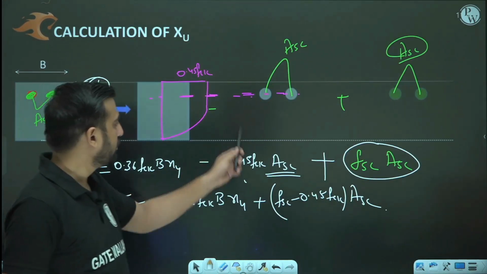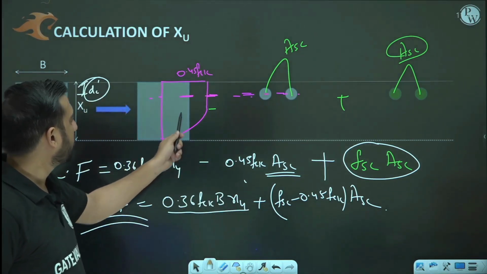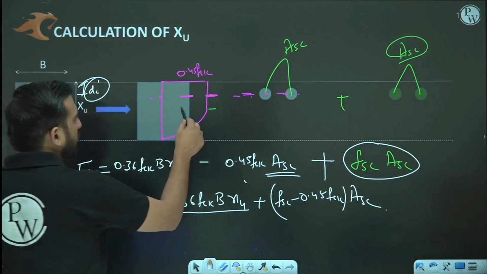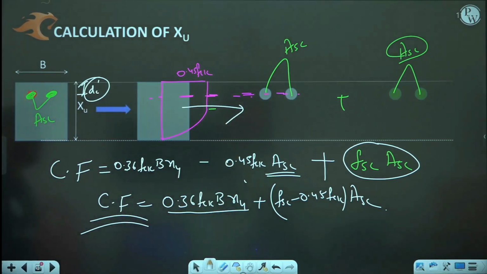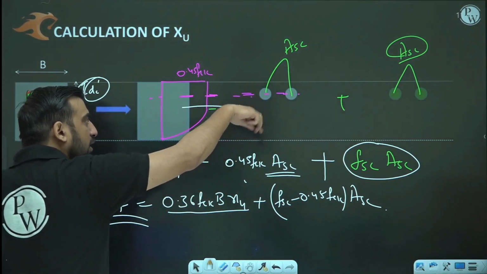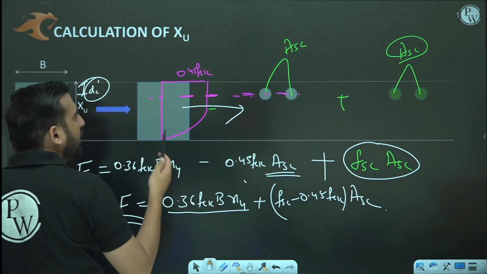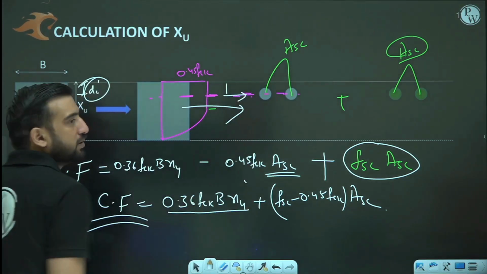One is 0.36 FCK B XU, which is due to the presence of concrete, and it is acting at a distance of 0.42 XU from the topmost fiber. And the second component, which is due to the non-availability of concrete and the availability of steel in that area, passes at a distance of DC from the topmost fiber.